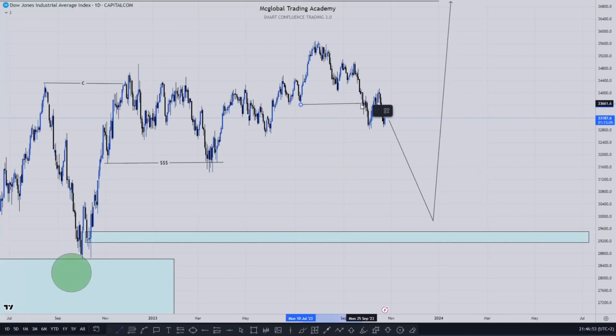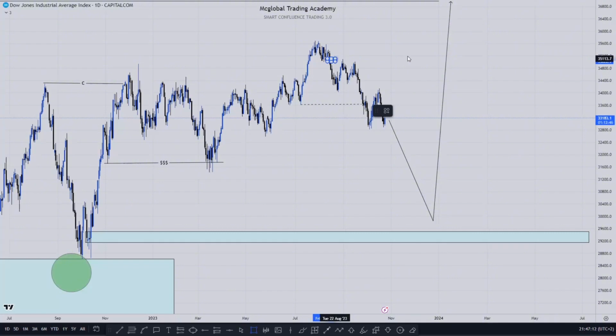obey and follow structure. This is also a change of character coming down. I can put it like that. Change of character. They left liquidity there with those equal highs. In this case, they can even come all the way.